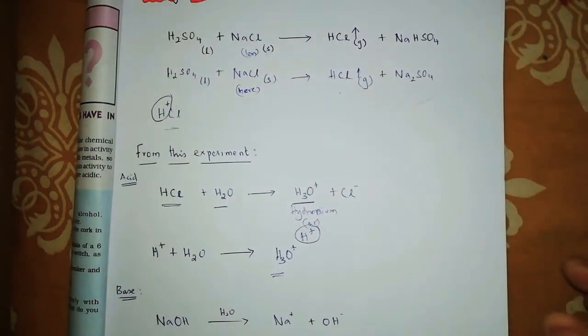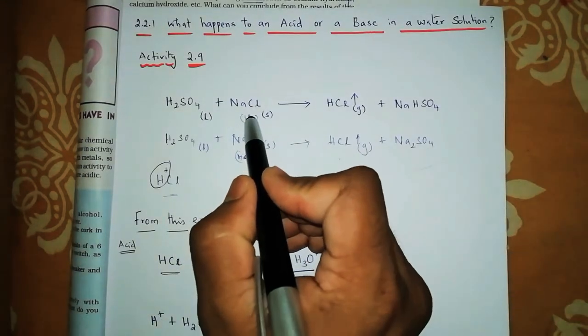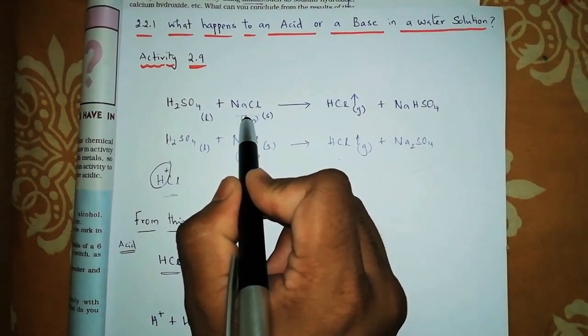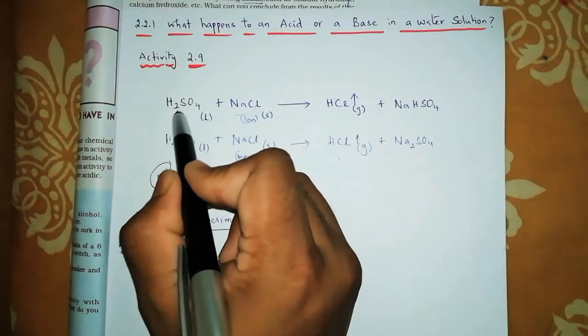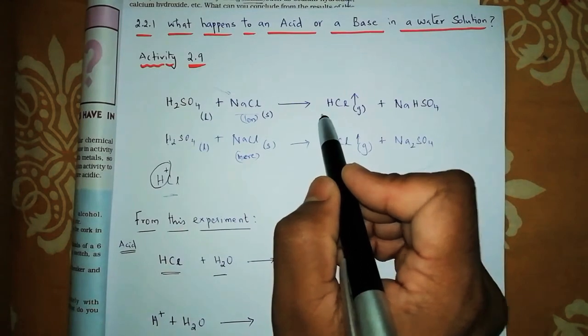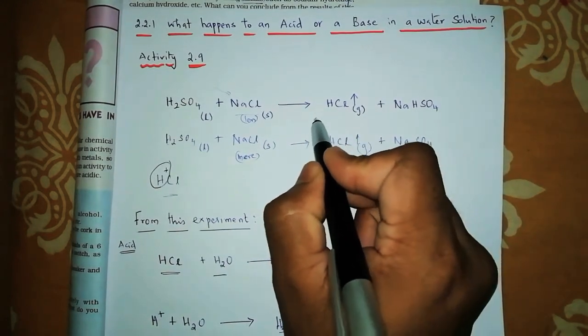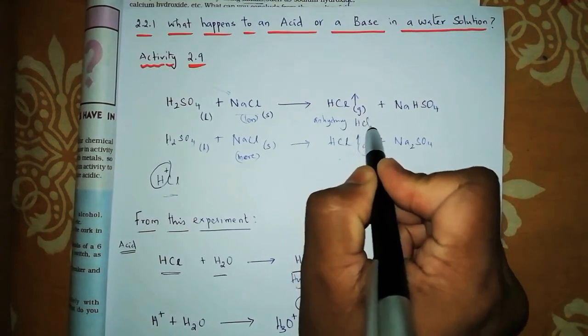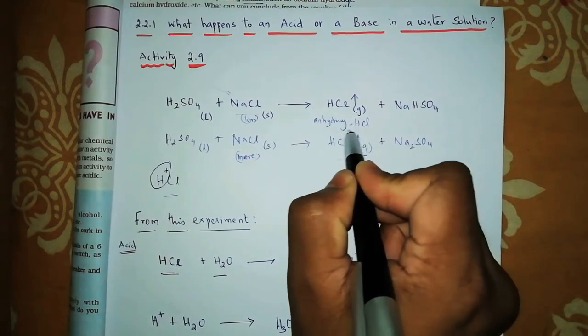Yes, I just want to repeat it once again. So, what happens here? We have taken a salt, sodium chloride, in a test tube, and then added concentrated sulfuric acid to that. We find an anhydrous hydrochloric acid gas coming out.